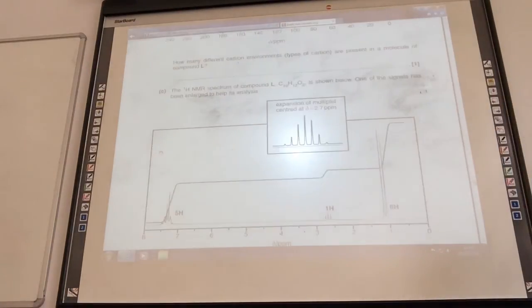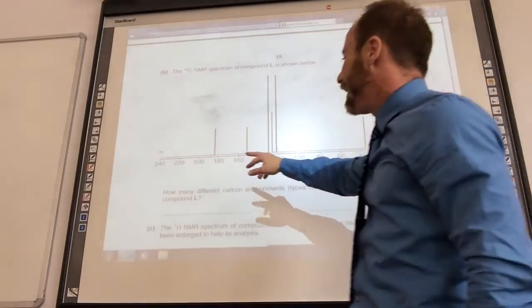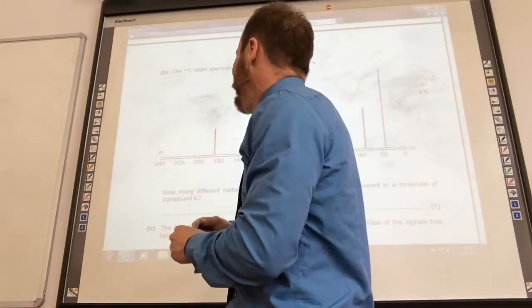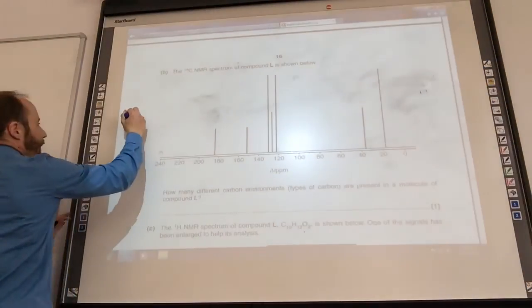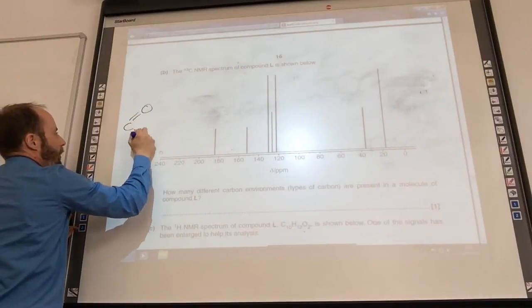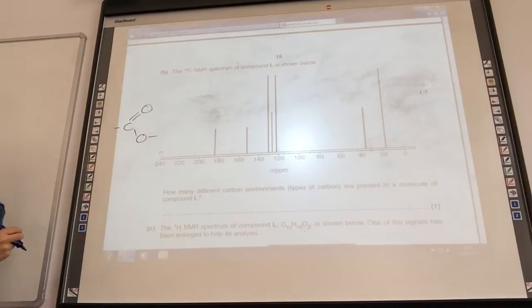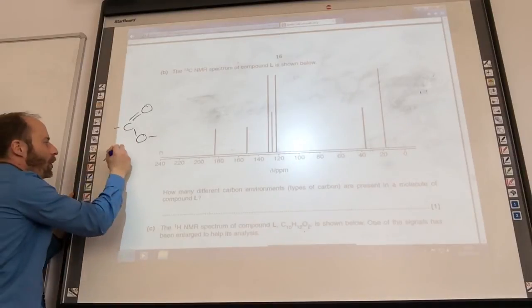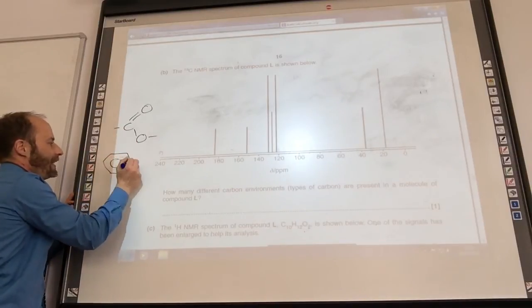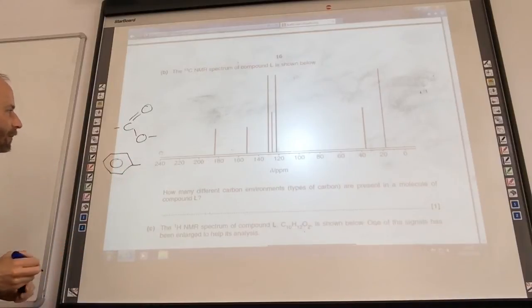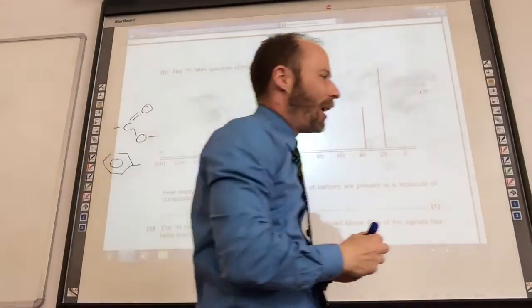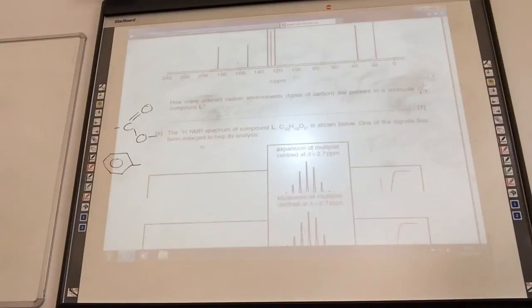You also know from this peak here, you have got a CO group there, like so. So you know you've got that. At the moment, we also know we've got a benzene ring with just one substituted hydrogen on it as well.